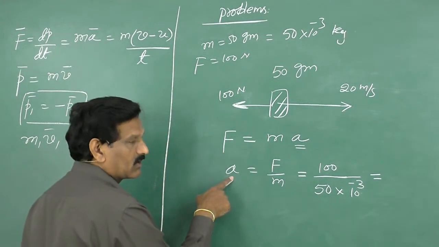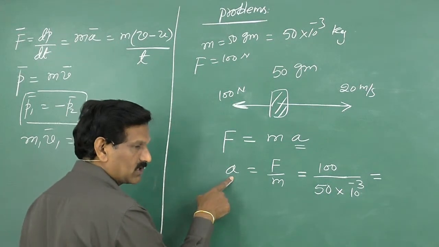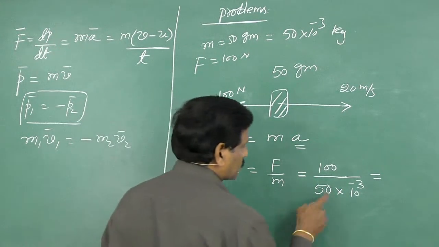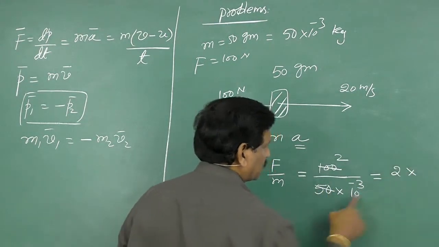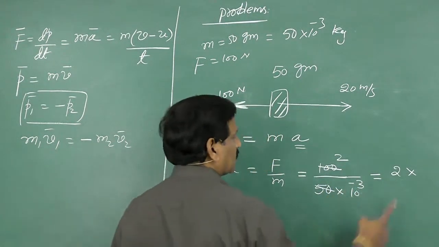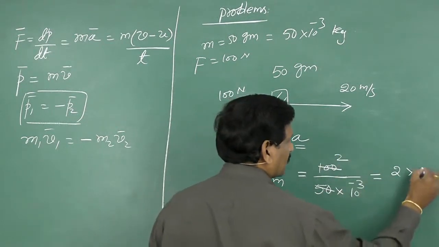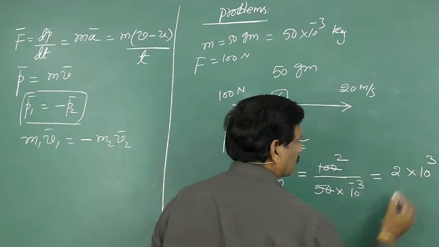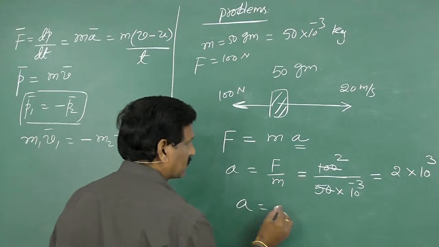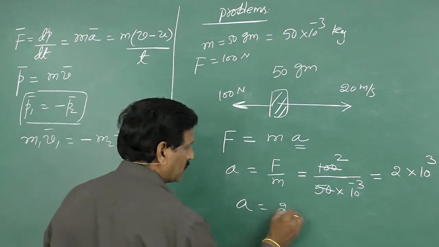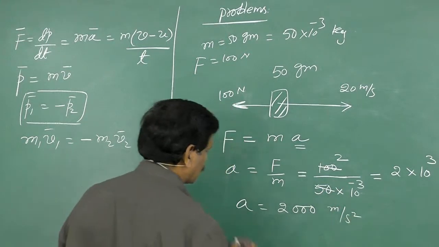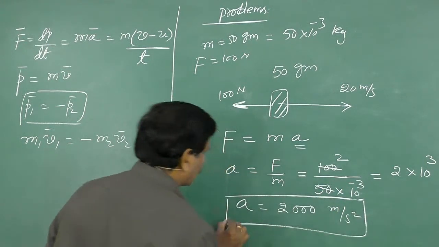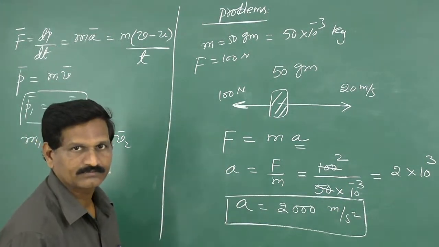So, 100 by 50 is 2, and 10 power minus 3 going to the numerator becomes 10 power plus 3. So, A is equal to 2 into 10 cube, 2000 meter per second square. This is the retardation produced here.